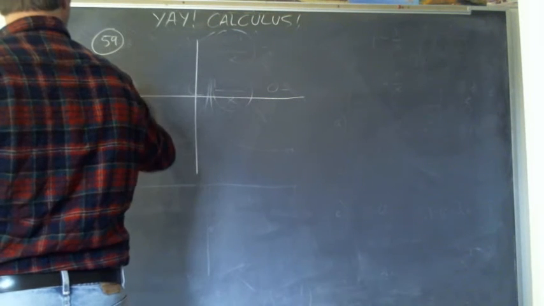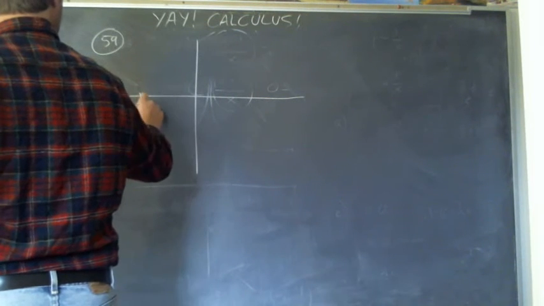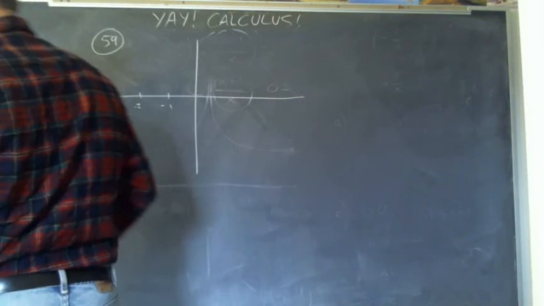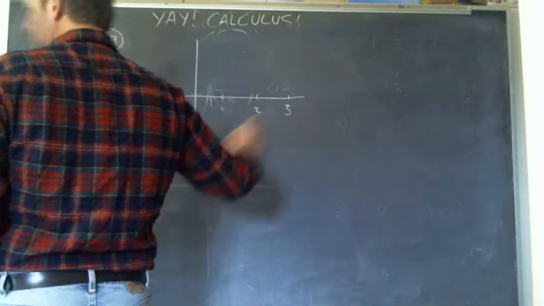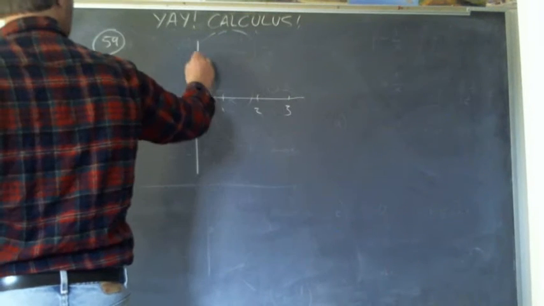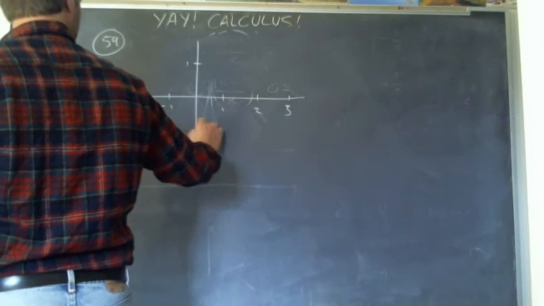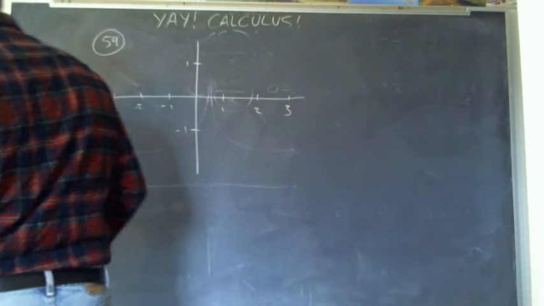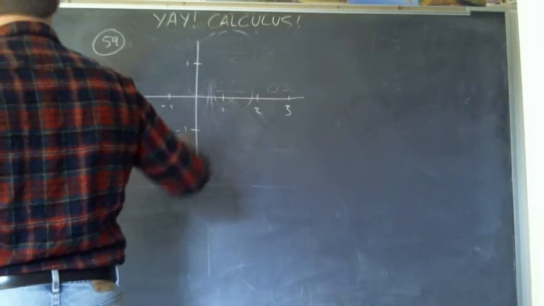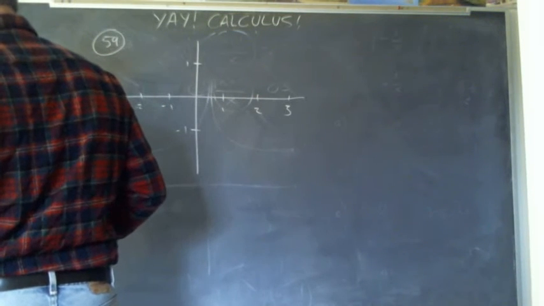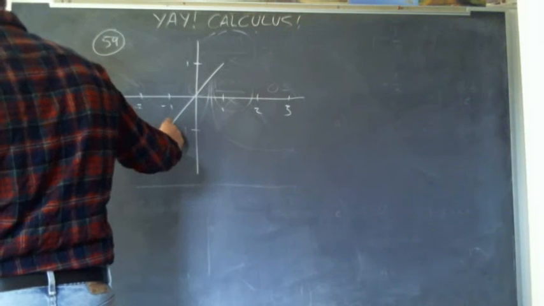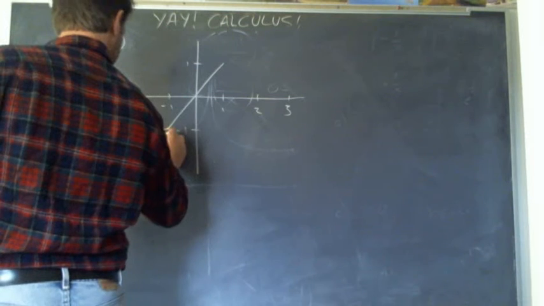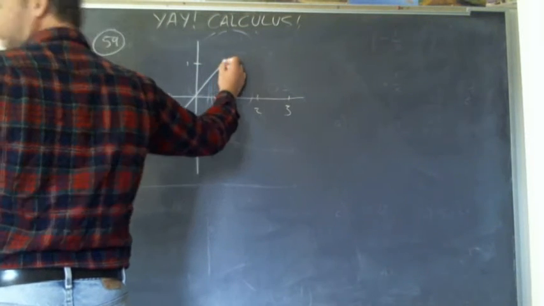Let's see, -3, -2, -1, 1, 2, and 3, and up to 1, and down to -1. And so we run from -1, 1 up to 1, 1. And that's an open circle here.